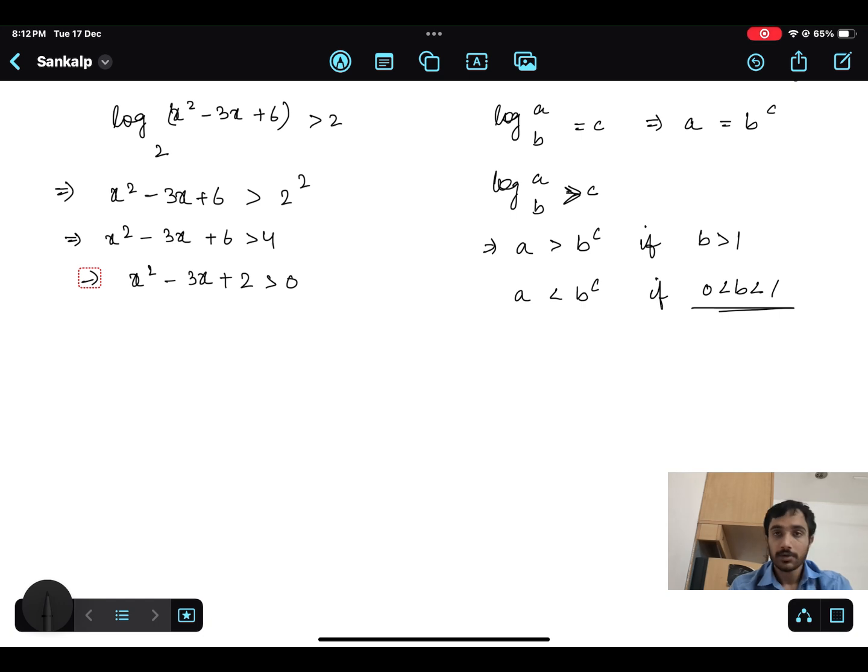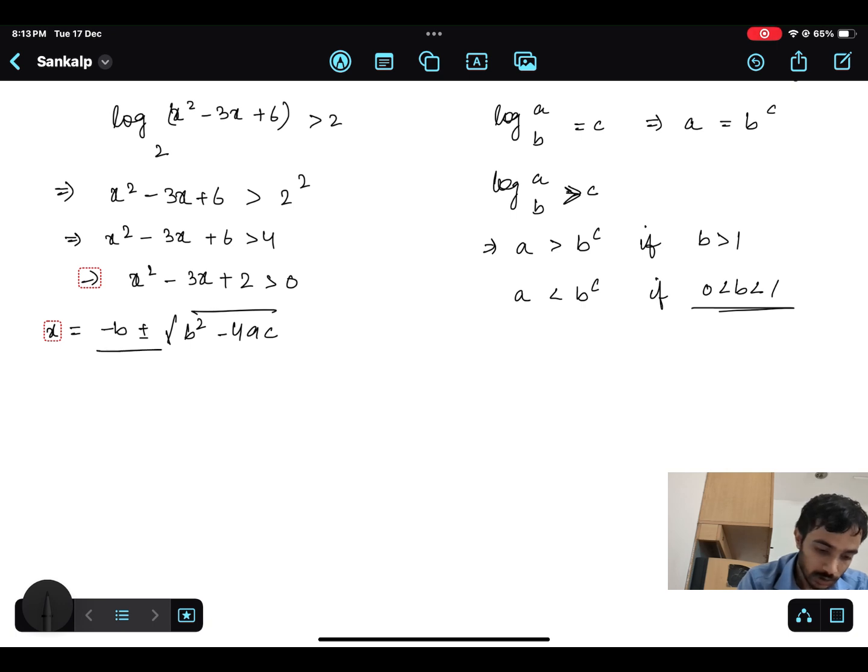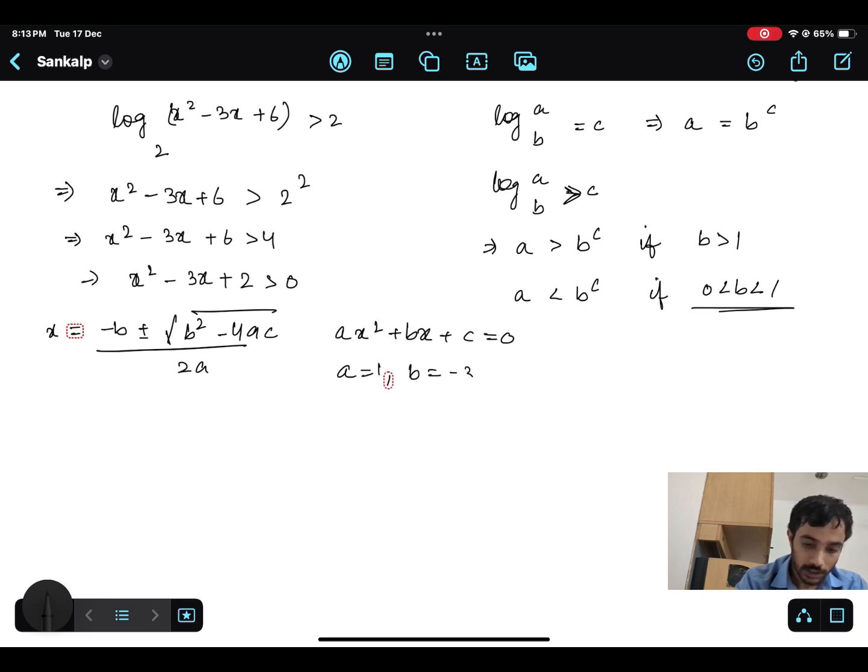Now if we find the roots of this quadratic equation, we'll get x equal to minus b plus or minus square root of b square minus 4ac by 2a. These are the roots of a quadratic equation of the form ax square plus bx plus c equal to 0. Here a is equal to 1, b is equal to minus 3 and c is equal to 2.